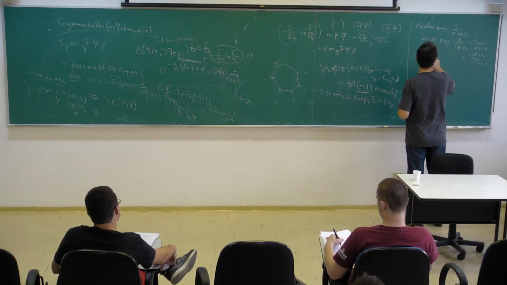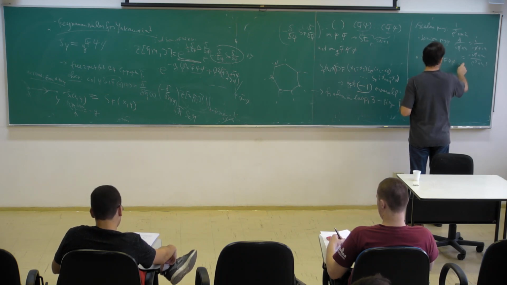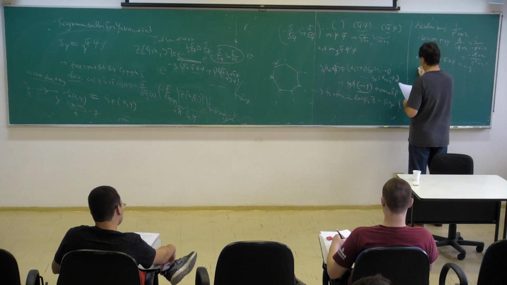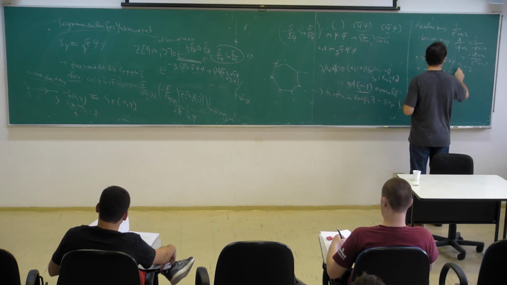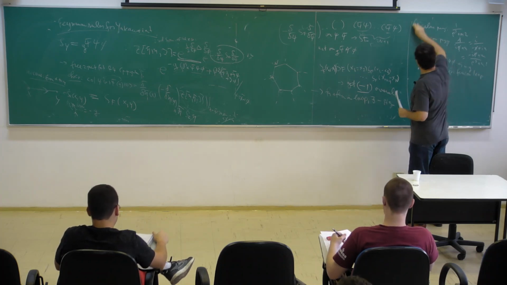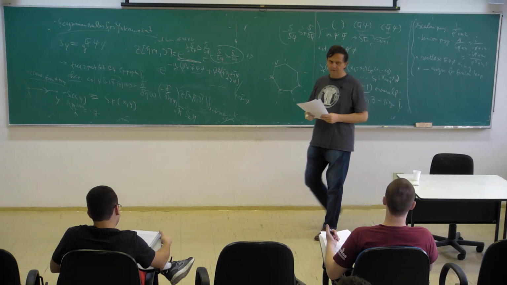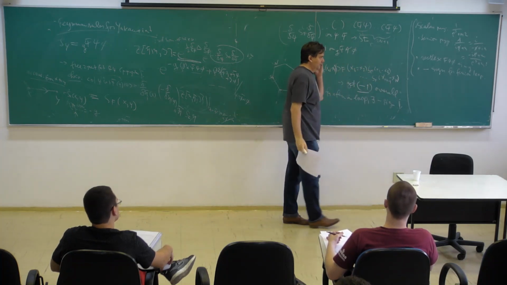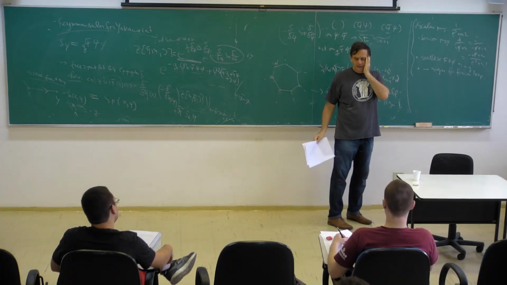Then the vertex psi bar psi phi is minus g, and there's a minus sign for the fermion loop. So these are the relevant Feynman rules for the Yukawa interaction.